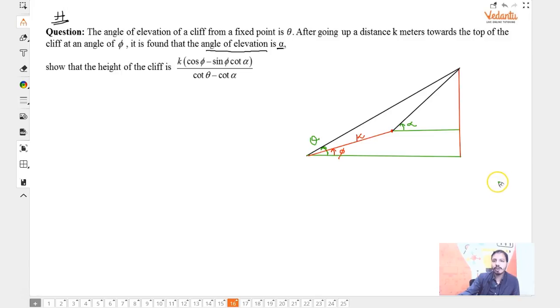Now suppose this is O, this is A and this is B, and say this is C, this is D and this is E. I have just named the points. Now what you need to find is the height of the cliff in terms of k, phi, alpha. So what are the things that you know here? It's given in this question.